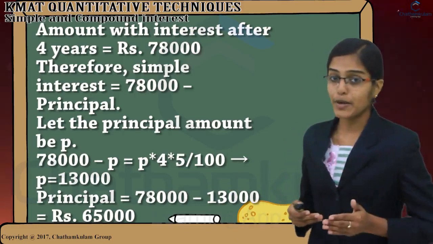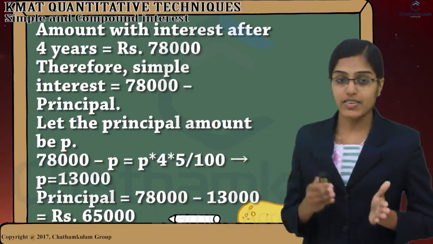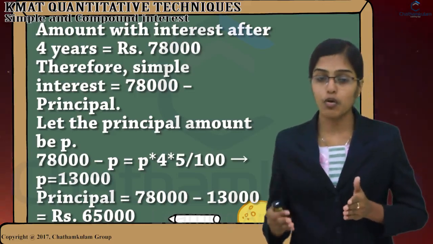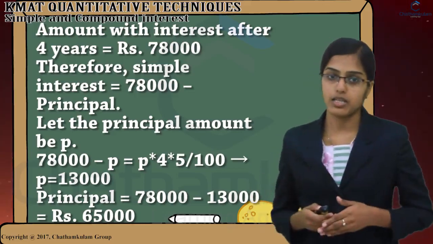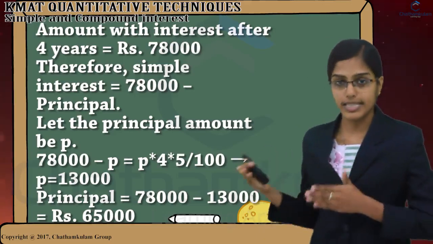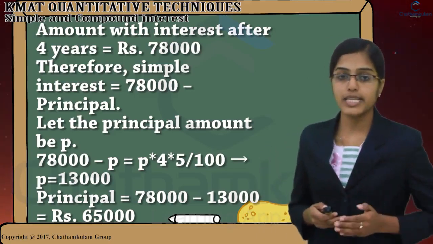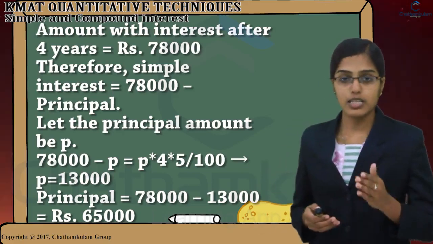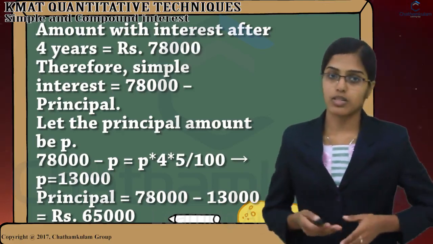Let the principal amount be P. So 78,000 minus P, that is equal to P into 4 into 5 divided by 100. So P is equal to 30,000. So principal that is equal to 78,000 minus 30,000, that is rupees 65,000.